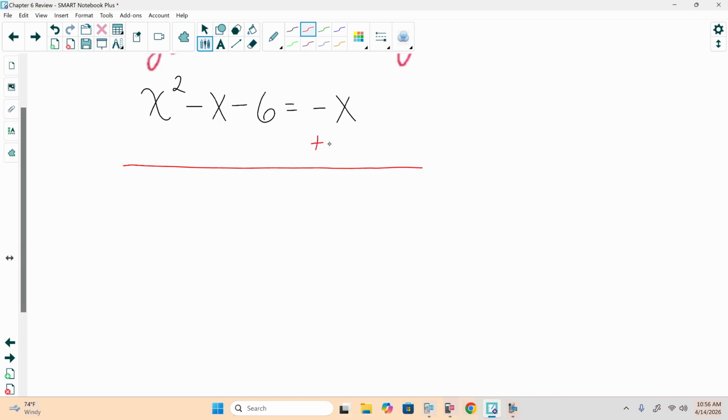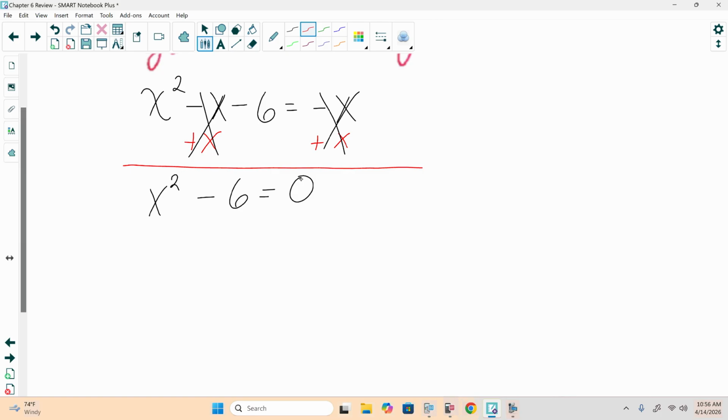And the first thing I would do is add x to both sides, telling me that x squared, well, negative x plus x is 0. So really we're left with x squared minus 6 is equal to 0. Now this is actually kind of nice, because if we had that middle term, a term with just x, we'd have to go about factoring, quadratic formula, these methods.